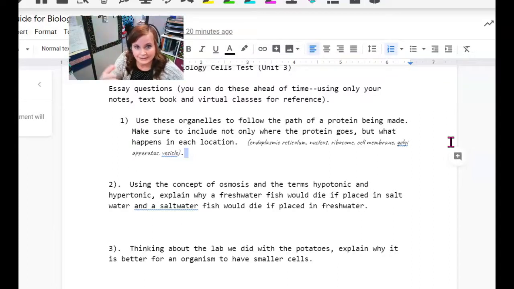It has more than one organ that it interacts with as it moves throughout your body. So does a protein interact with more than one of your organelles in a cell as it leaves the cell.